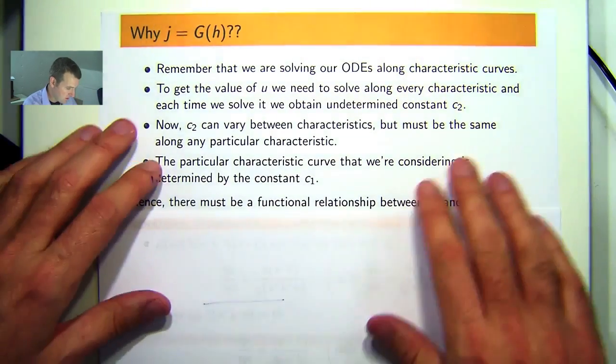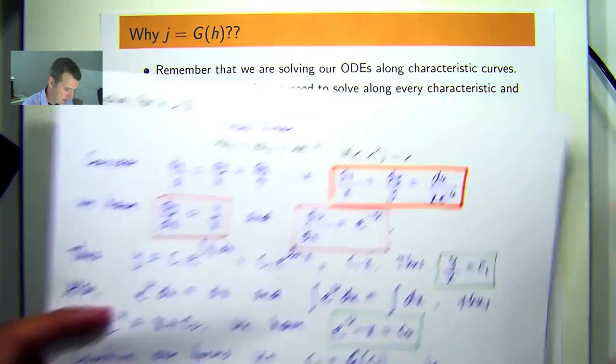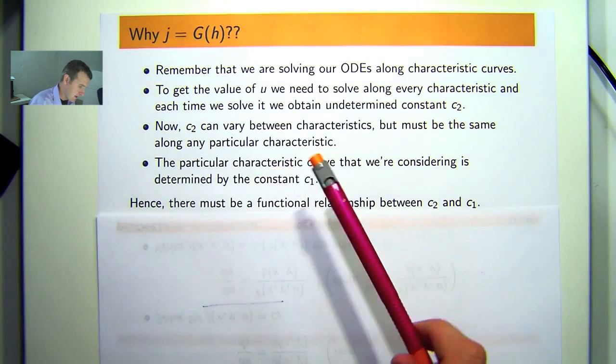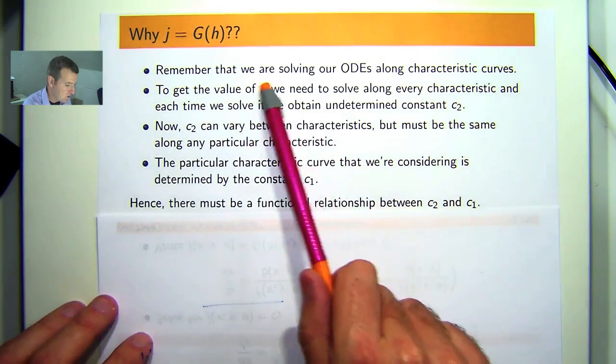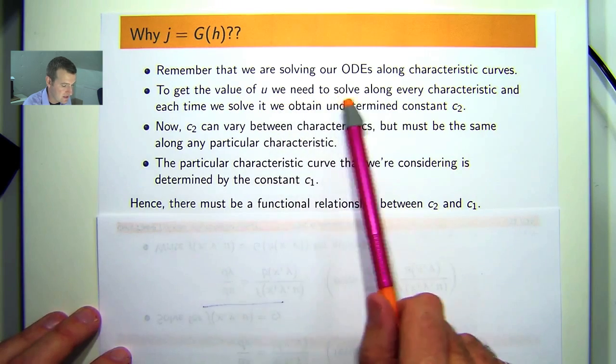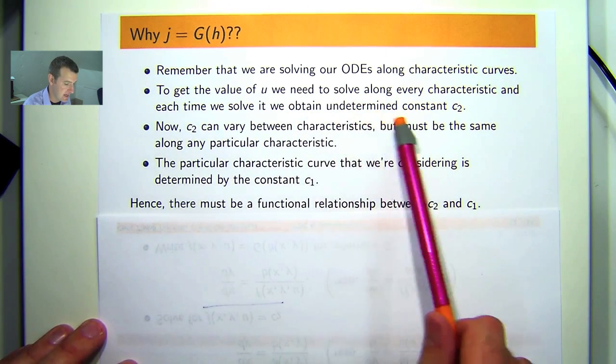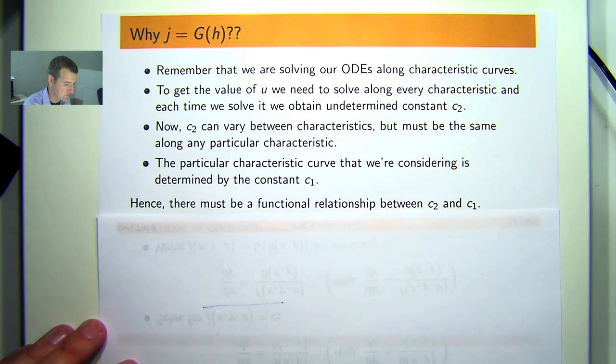Now just a little bit more on why there is a functional relationship between the constants. Remember that we're solving our ODEs along characteristic curves. And to get the value of u, we need to solve along every characteristic. Each time we solve it, we obtain the undetermined constant C2.